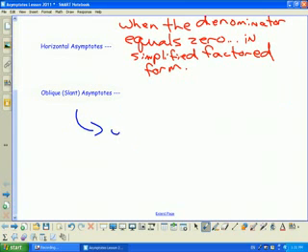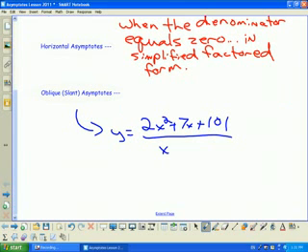Sure. y is equal to 2x squared plus 7x plus 101 divided by x plus 92. I'm just picking numbers I know won't factor and divide out. The numerator is of higher order. That will have a slant or oblique asymptote. When you do the division, you will get the equation in the form y equals mx plus b.